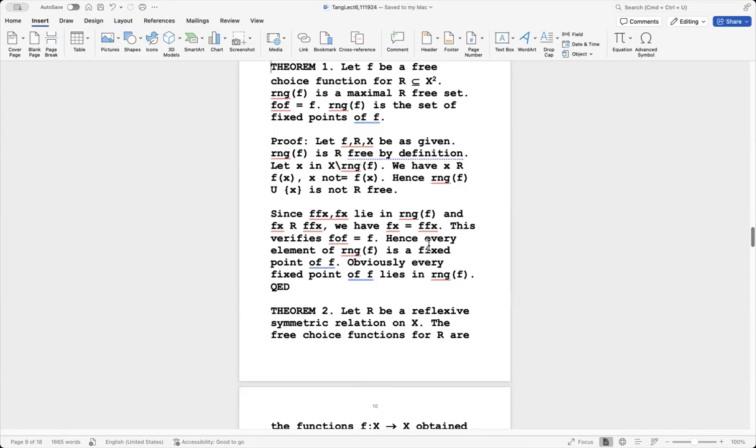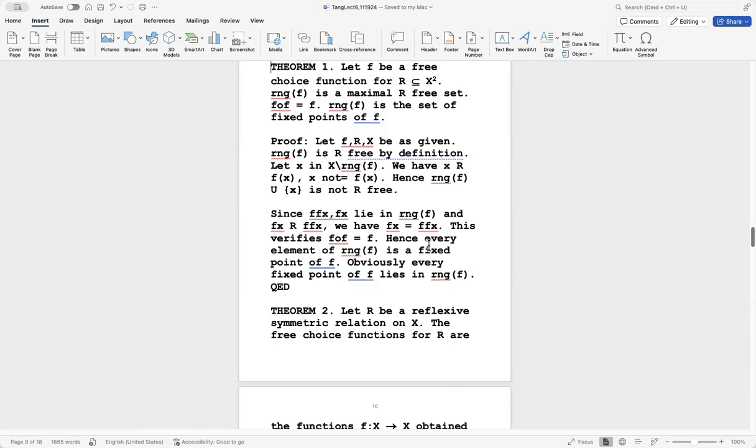The range of F is R free by definition, because that's the definition of being a free choice function. Now the question about maximality.